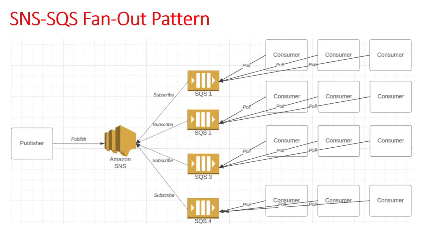Now that you understand how SNS and SQS work individually, let's take a look at the SNS SQS fanout pattern. You see on this diagram, you have a publisher, which could be a service that is ready to publish the message. It publishes the messages on SNS, and you can have multiple SQS queues that are subscribed to that particular topic.